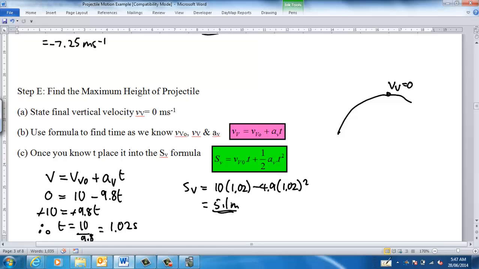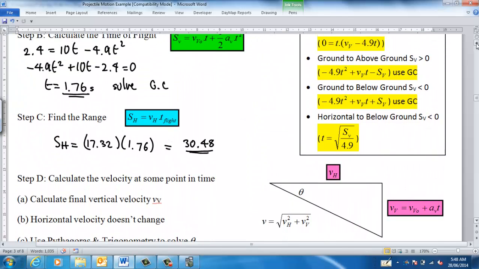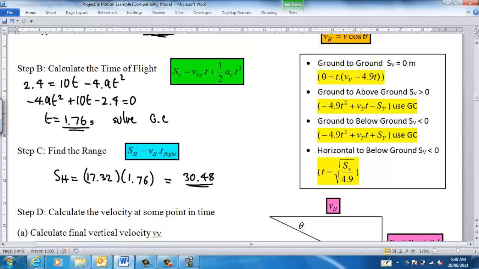Now remembering the hoop is at a height of 2.4 metres. In order to work out if it's actually going to go in the hoop, because we haven't really answered the question, will it go in the hoop? It does travel a distance of that, so it's at that distance at 1.76 seconds, isn't it? If we know the time, we could actually work out the vertical height there too, couldn't we?